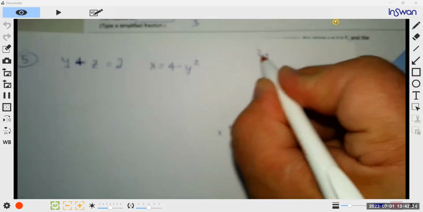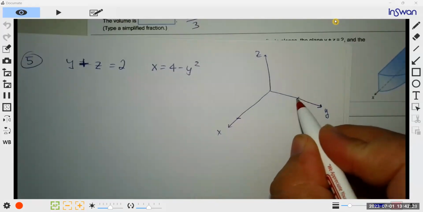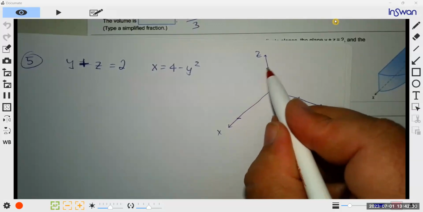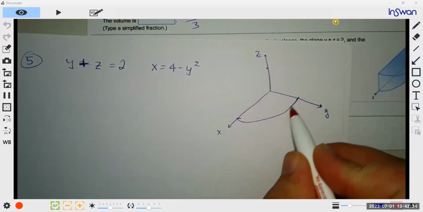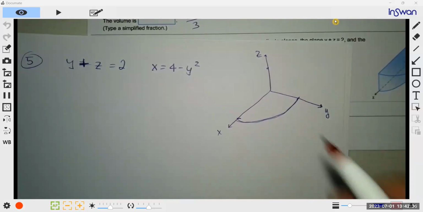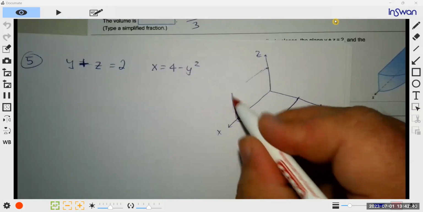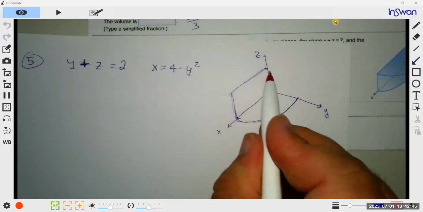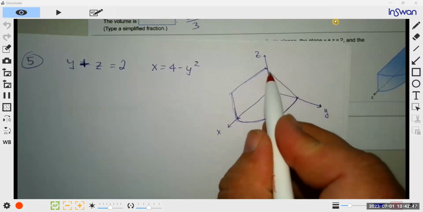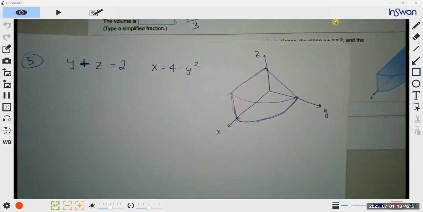Y, x, and z. So we have a point out here, a point there, and a point there. Just a straight line. Those two touch, and those two touch.